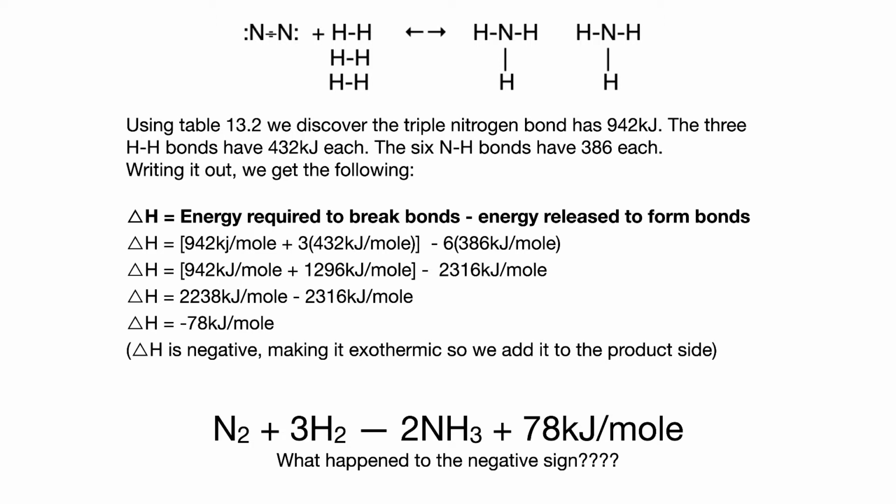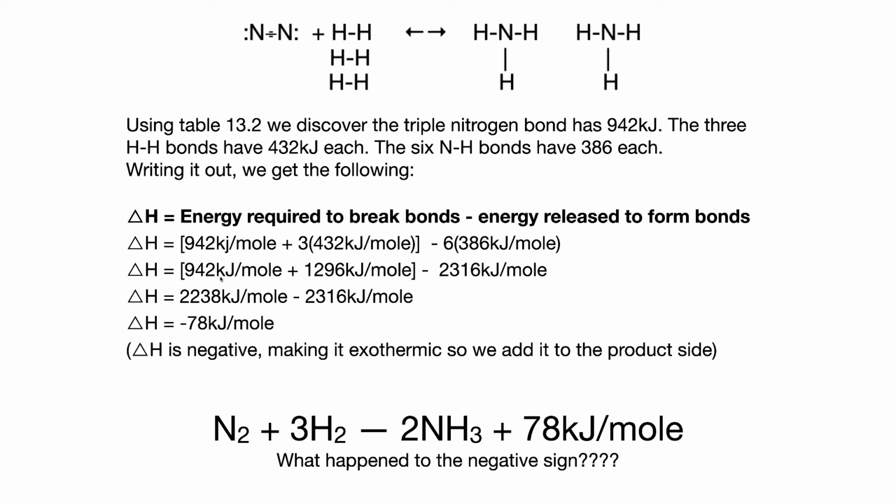You'll see that the reactants have 2238 kilojoules per mole. The products have 2316 kilojoules per mole. Subtract, and we get a negative 78 kilojoules per mole, okay?